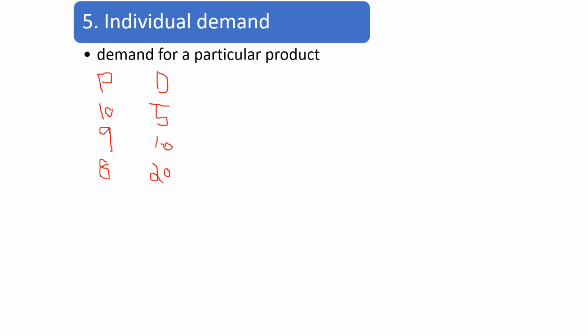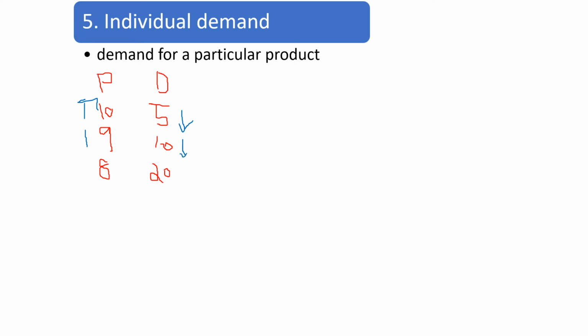So if you see here, when the price of a commodity is at rupees 10, the demand for a commodity is 5. That is, when the price is high, the demand is low. And at the same time, where the price is at rupees 9, here the demand is again low.